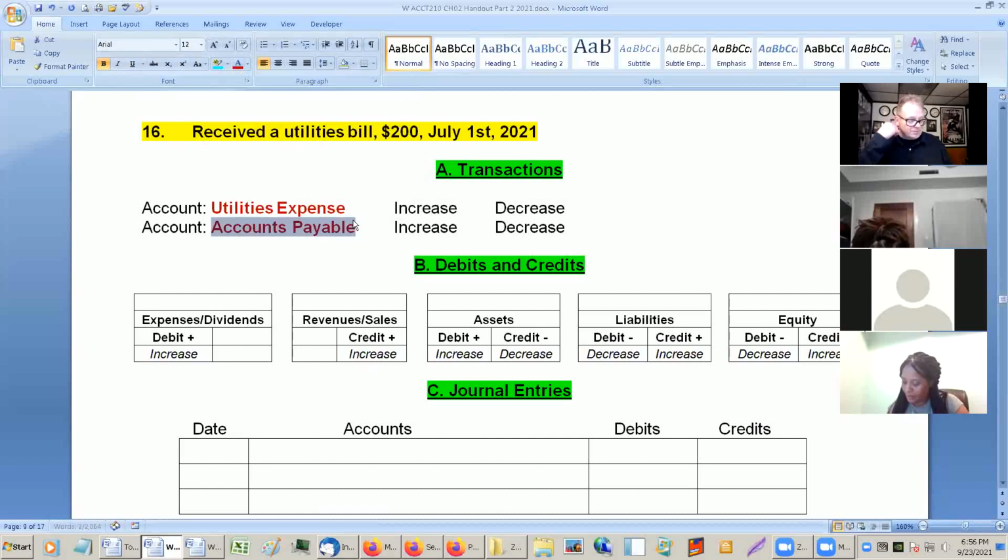Now, the nice thing about revenues and expenses is that they're always increases, and they're always debits for expenses. That's right there, and we have accounts payable.